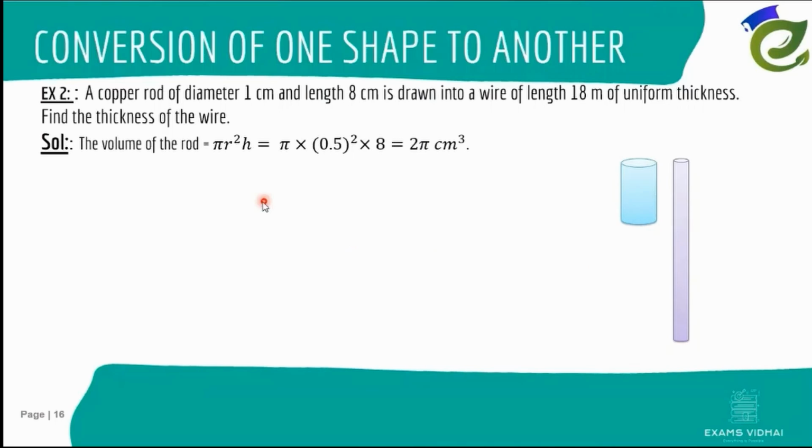So let's find. The volume of the rod is in the shape of a cylinder. So we can find the volume of the rod by pi r square h, where r is the radius and h is the height. Pi into radius square into height, we'll get it as 2 pi centimeter cube.